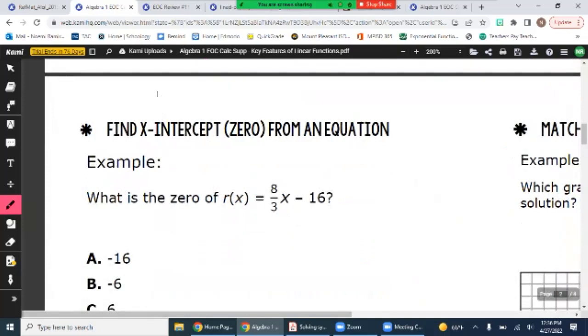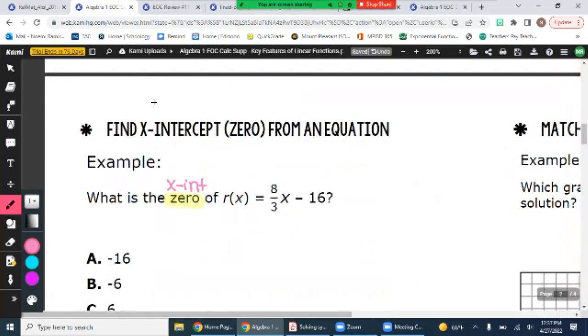Finding the x-intercept when you do not have a graph. Ooh, 1,825 days. Yeah, it's because it covers a bunch of different problems. All right, so 0. Once again, 0 is your what? X-intercept. 0 is an x-intercept. Look at that equation. There's an easy way to do it. There's a hard way.